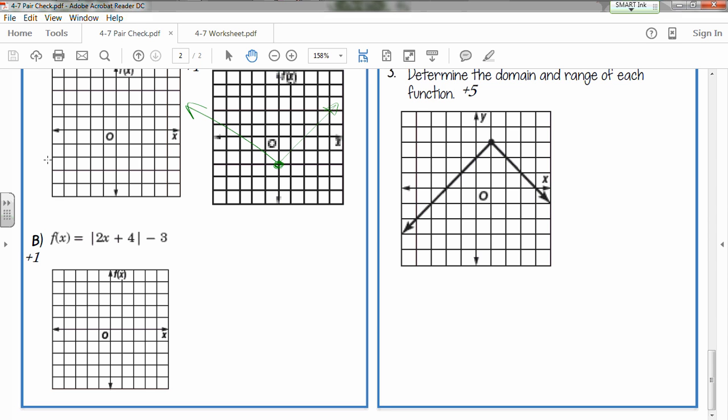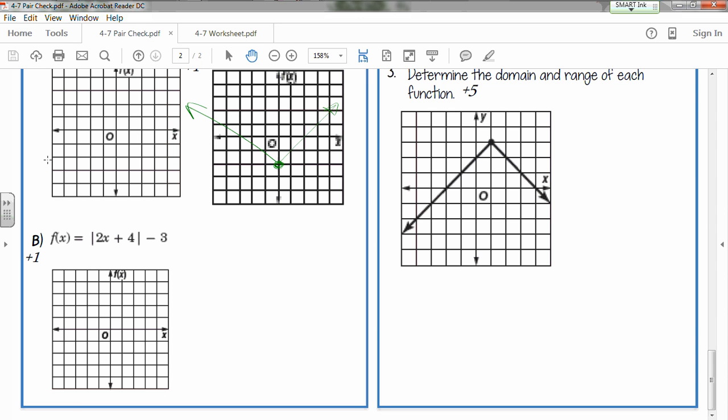Okay, so can I count all the y's that are below that point? No, it's not part of the graph, is it? Okay, so I would say all real numbers greater than what? What's that? -2, right? So my range is all numbers greater than -2.